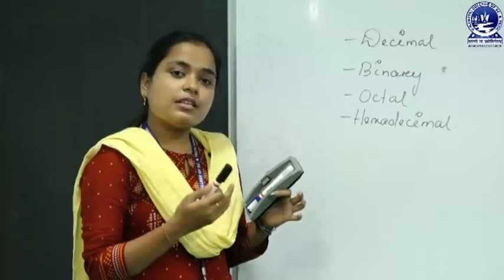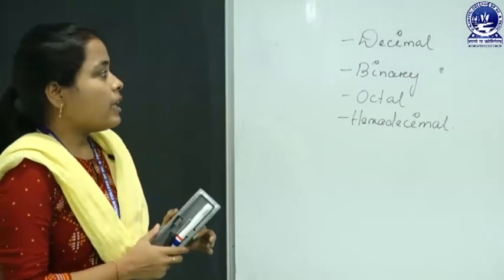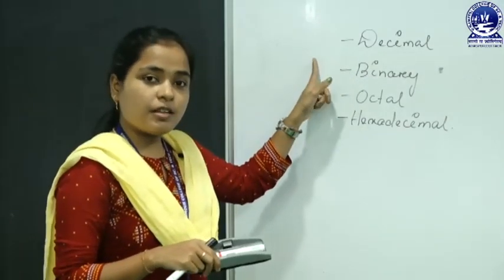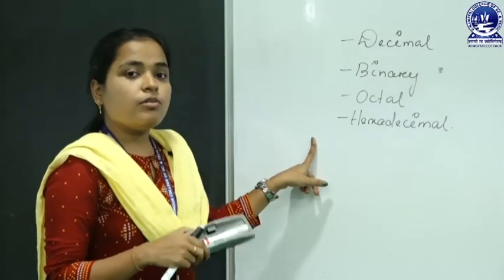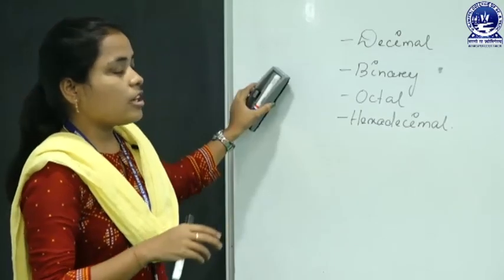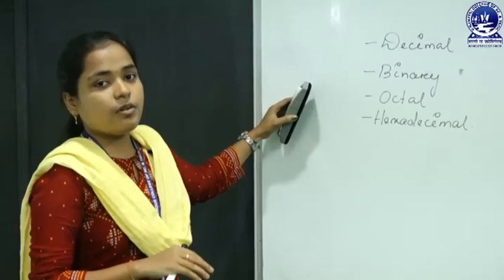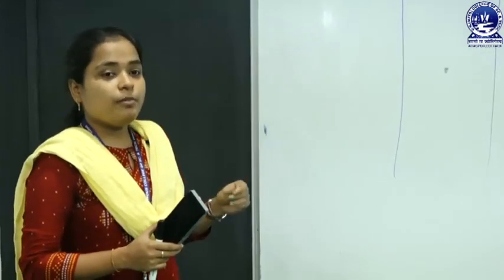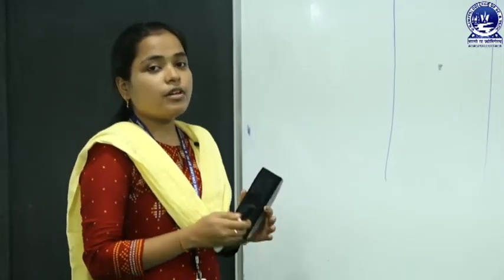We give a single number through the input device, the keyboard, and the computer system converts that number into different forms. As a user, we can also convert that number manually. So, we will discuss some simple methods by which we can convert one form into another form.